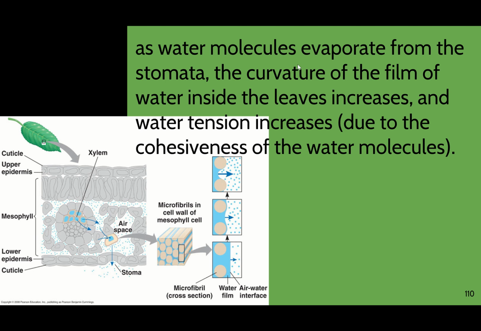As water molecules evaporate from the stomata, the curvature of the film of water inside the leaves increases, and the water tension increases. So water tension is going to be saying the same thing as the water pressure. They're basically synonymous in this case. And this is going to be due to the cohesiveness of the water molecules. So remember, cohesion is water molecules attracted to each other. They want to stay together.